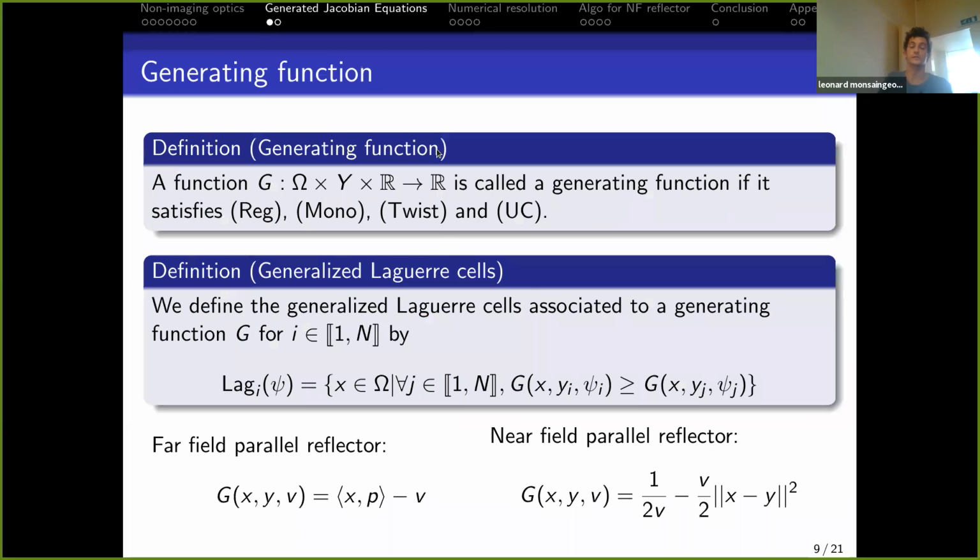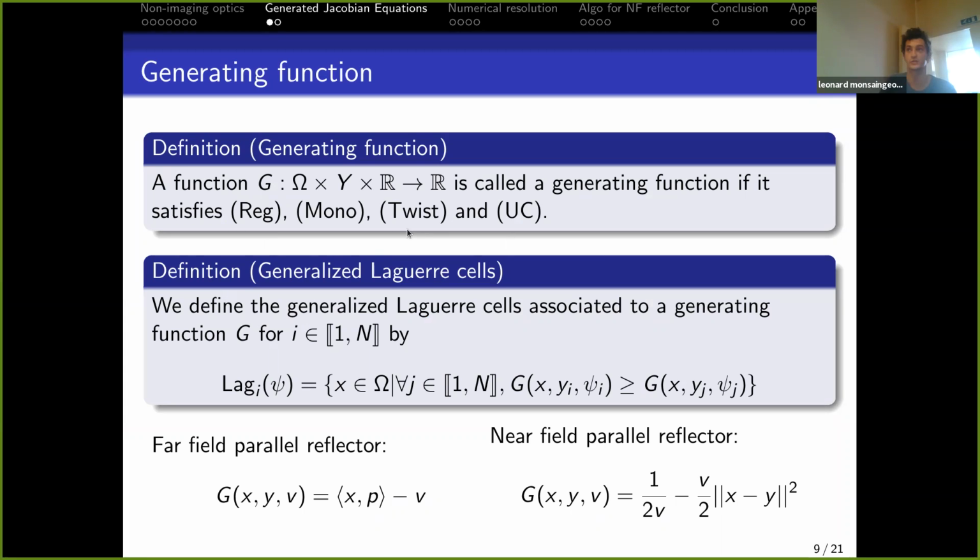Now for my global framework. I'm going to need a generating function, which will be necessary for defining my visibility cell, and it needs to satisfy several hypotheses.